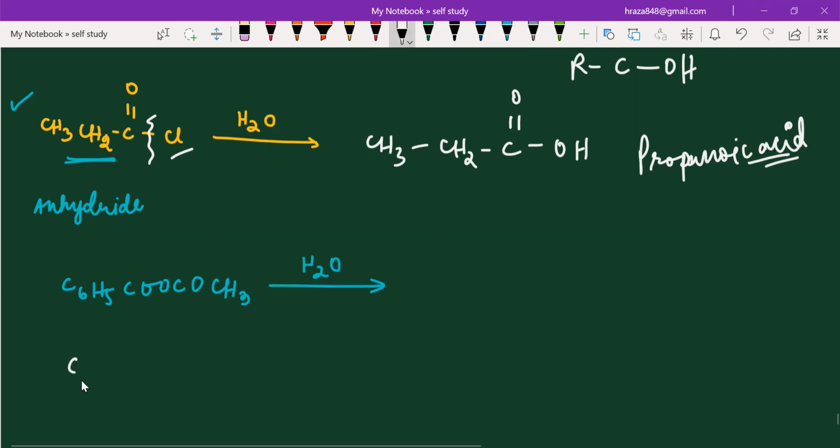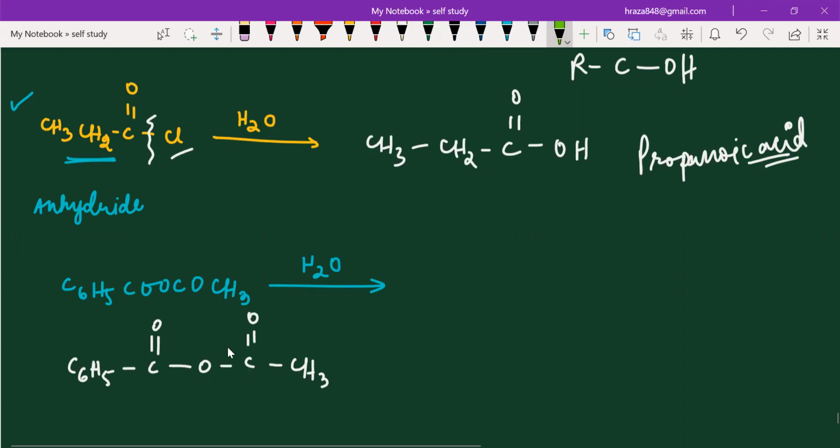First, I'm going to write the structure: C6H5, then C double bond O, then O, then C double bond O, and this CH3. So what will happen?